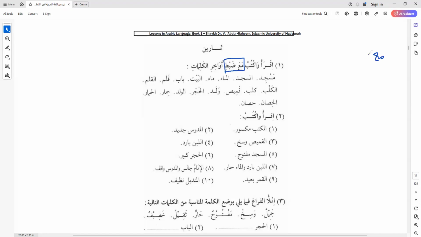When you say مع الضبط, the word ضبط has a lot of meaning in Arabic, but here it means to vowelize, to put vowels on something. أواخر الكلمات means put vowels on the final consonant. Consonant is a letter, a single letter.